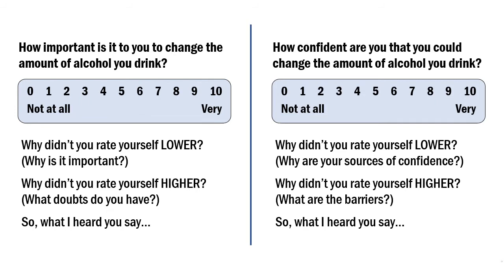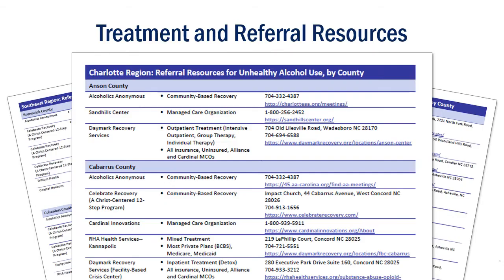The importance and confidence rulers used in the demonstration are shown here as they appear in our provider pamphlet. These can help guide conversations about personal change when used with related MI principles and practices. Lists of resources organized by AHEC region and county, as well as type of resource, are helpful during shared decision-making about more intensive treatment options.